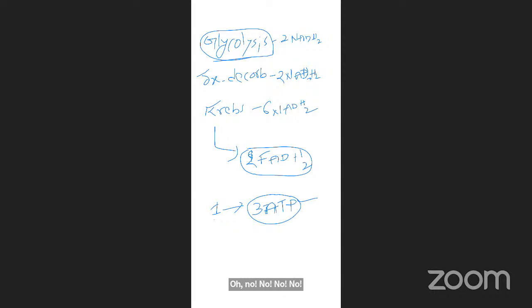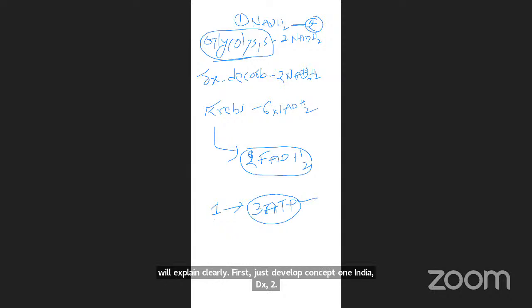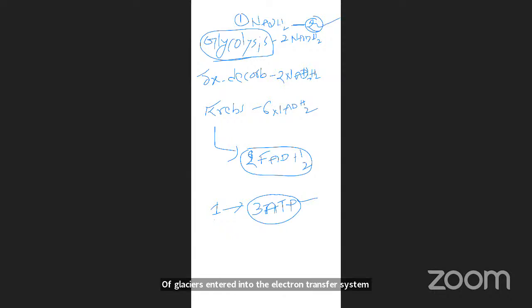In glycolysis, one NADH2 undergoes oxidation and 2 ATP are formed. Don't get confused, I will explain clearly. First, just develop the concept. One NADH2 of glycolysis enters the electron transport system and finally produces 2 ATP. Is it clear? Yes, sir.